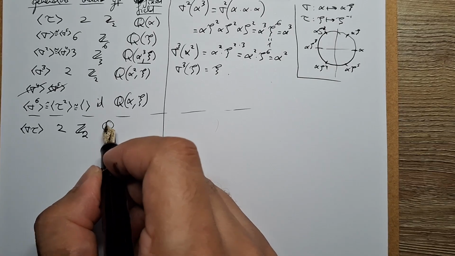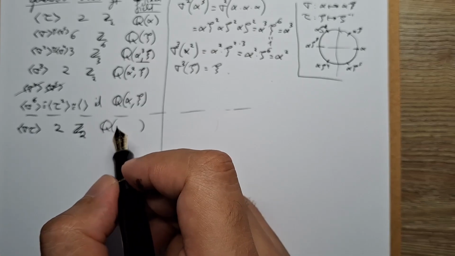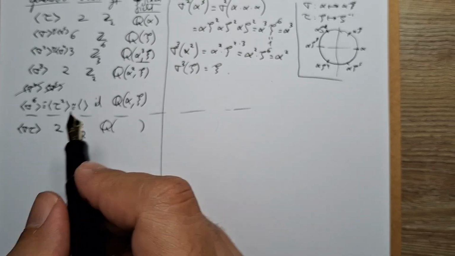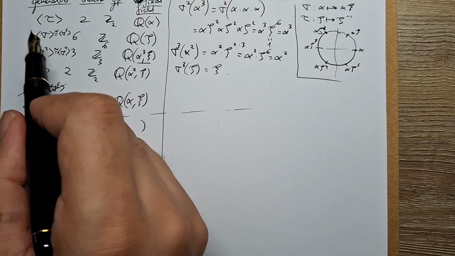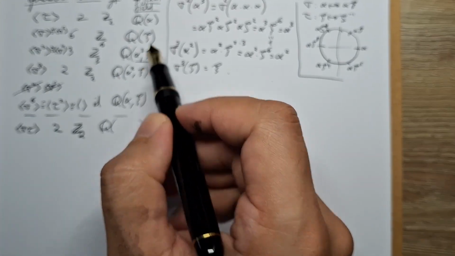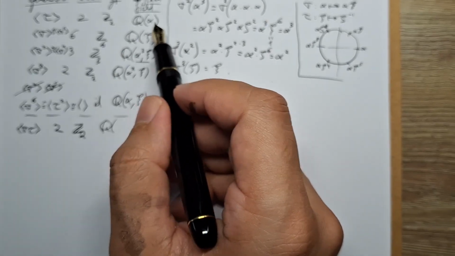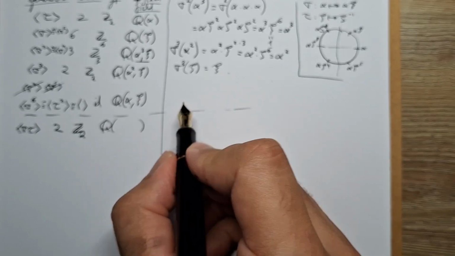Now, which is the fixed field of this automorphism? We are combining sigma and tau. The fixed fields of tau and sigma were alpha and theta, respectively. So we know that probably doing some combination of them, let's see what we can find.